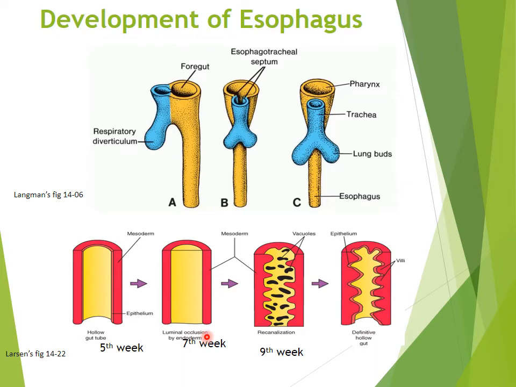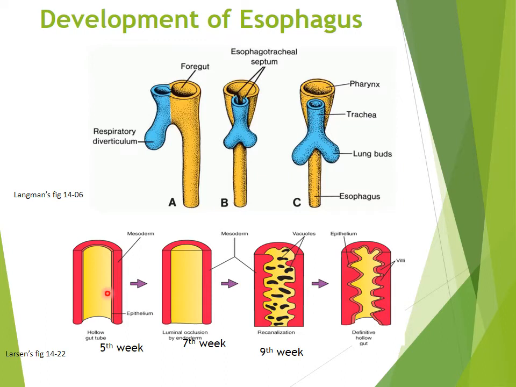So at the 8th week, this endodermal proliferation is completed, and then there is the process of recanalization. This recanalization is by cell death, and by this cell death there is again the formation of the cavity.